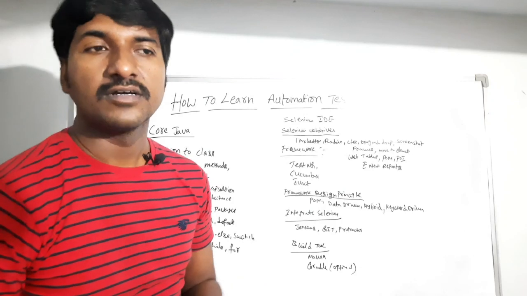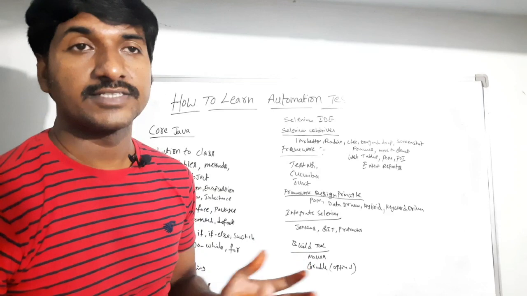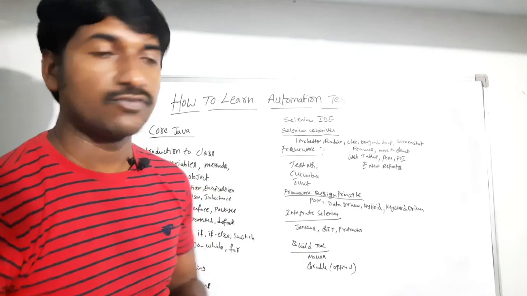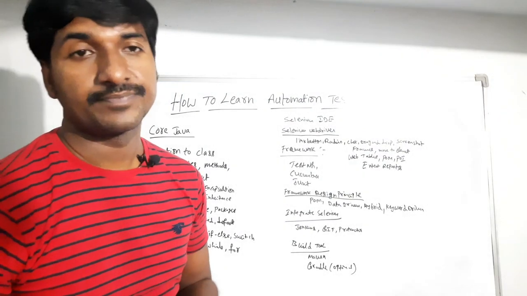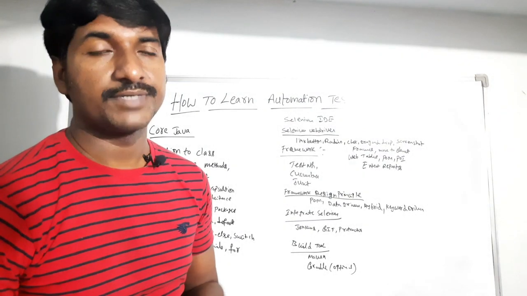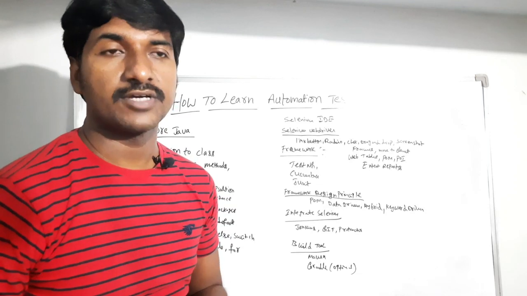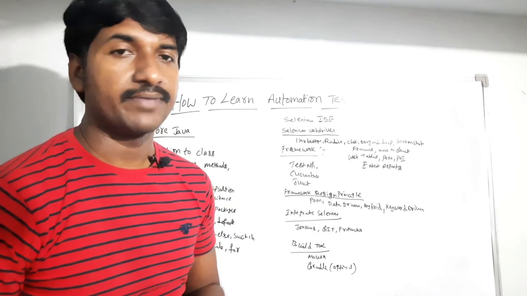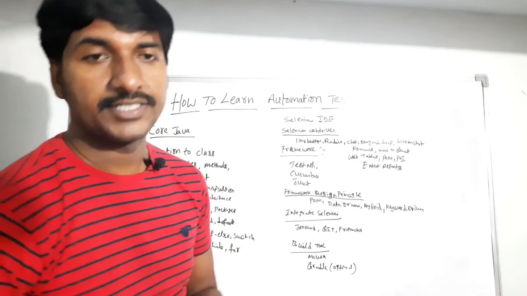These types of concepts are covered in core Java, and also access specifiers like public, private, protected, default, and exception handling concepts, and the collections concept. In the collections concept, the most frequently used are maps, hash map, and set, and also array list.